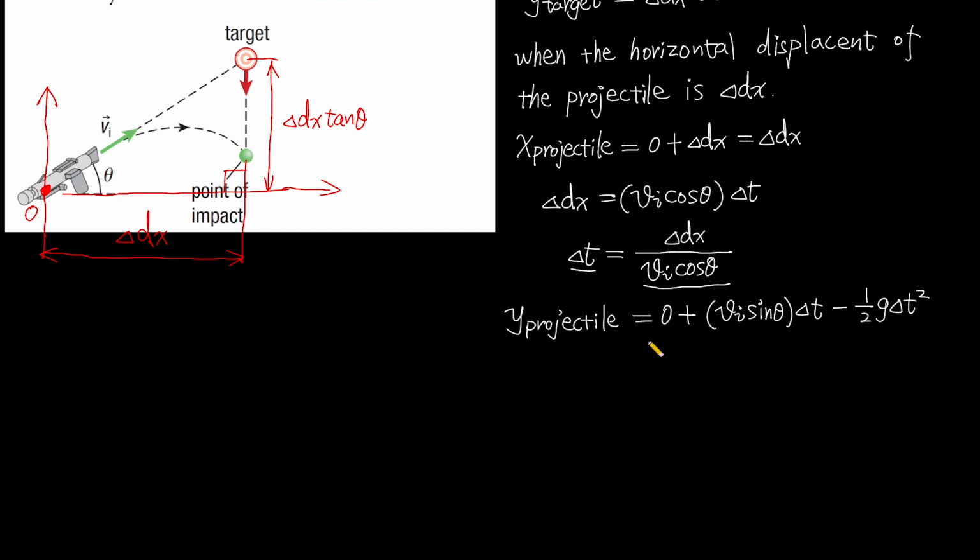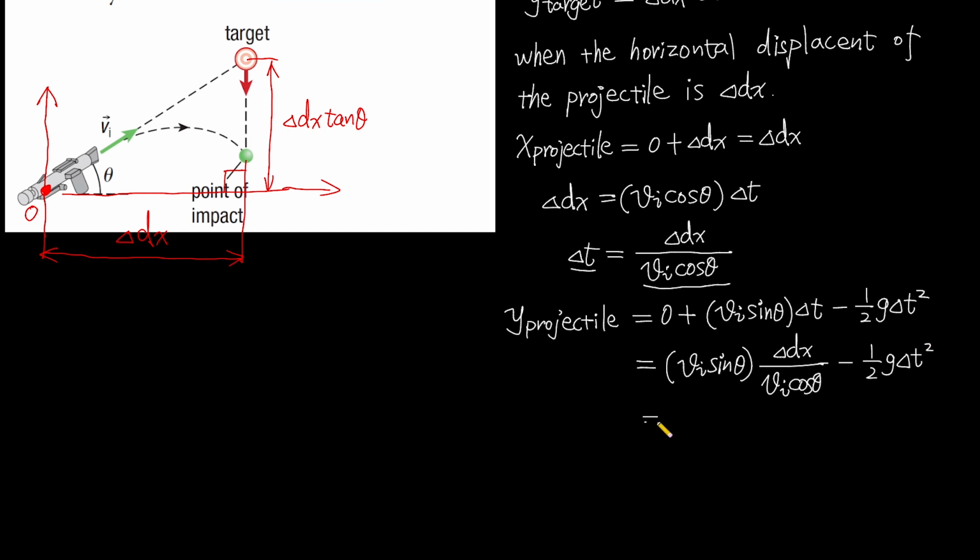So the y-coordinate of the projectile equals the initial velocity multiplied by sine theta multiplied by delta dx, the horizontal displacement, divided by initial velocity multiplied by cosine theta, minus 1 over 2 multiplied by acceleration g multiplied by delta t squared.